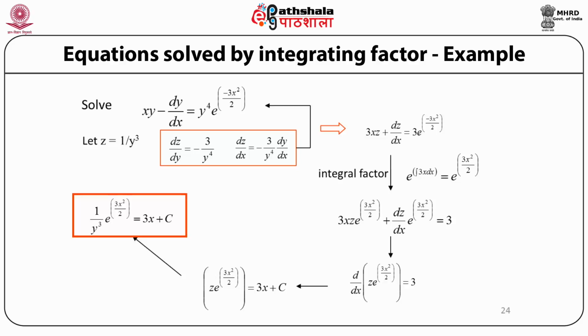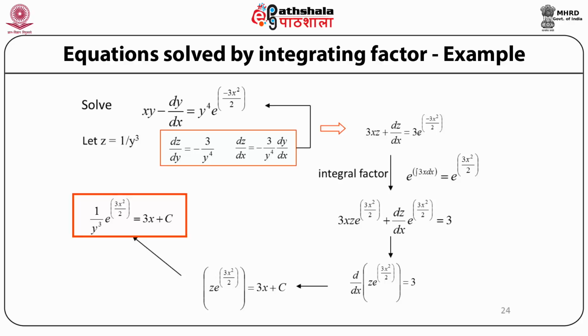On the left hand side, we can write the whole term now as d by dx of z e to the power 3x squared by 2, as shown in the equation on the right hand side in the right corner. Now once you have it in a d by dx form, you can always integrate it.